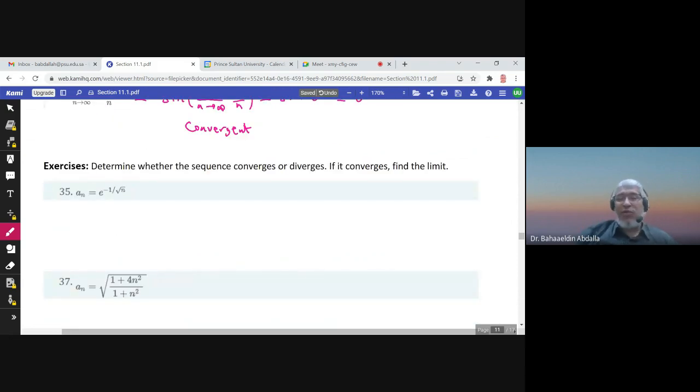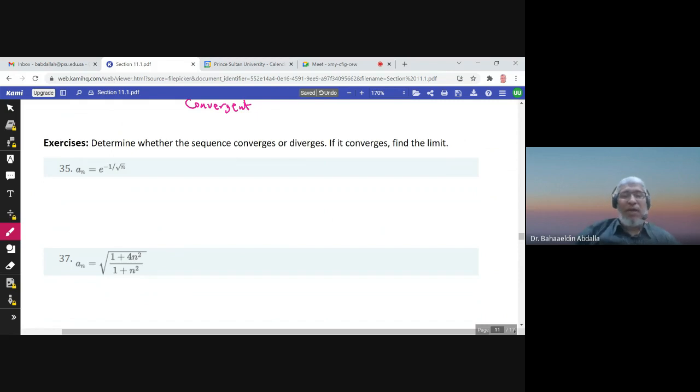Determine whether the sequence converges or diverges. If it converges, find the limit. I have an here. I will start by finding the limit as usual to check convergence or divergence. So the limit of e to the power negative 1 over square root of n. Okay. How can I find this limit? I will let the limit in.